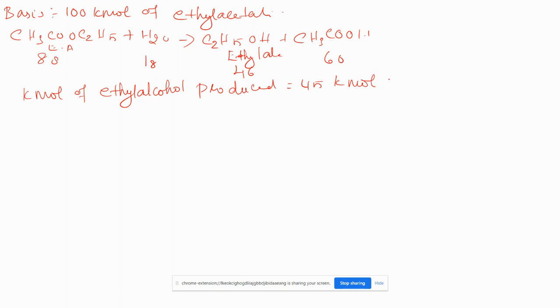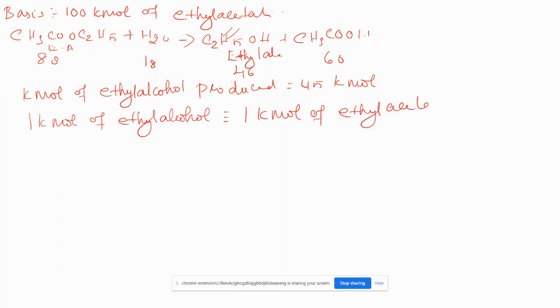Now we write the relationship between ethyl alcohol and ethyl acetate, and you will know how much ethyl acetate reacted. So write it: 1 kilomole of ethyl alcohol is equivalent to 1 kilomole of ethyl acetate.